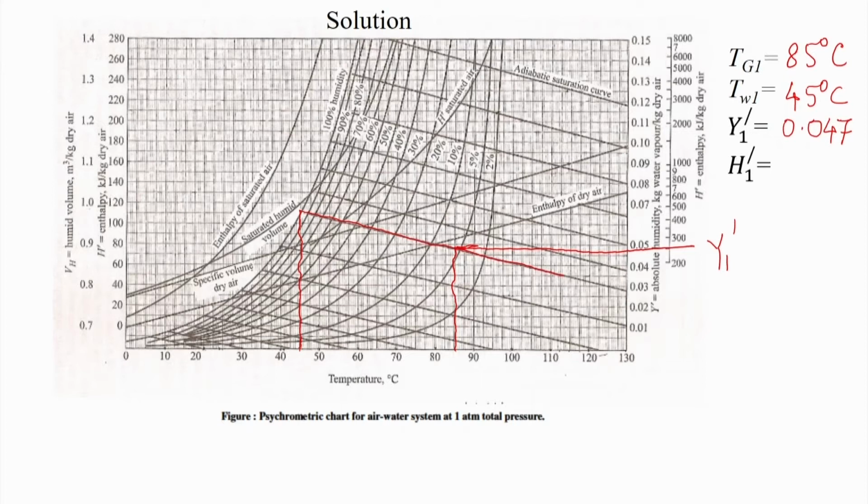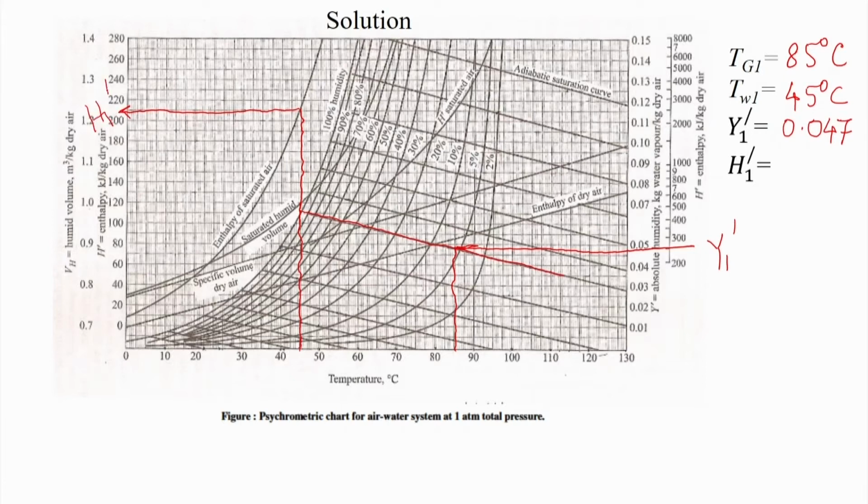If we move in the vertical direction along the wet bulb temperature until it reaches adiabatic saturation, from there we get the enthalpy of the air which is entering here, that is H1 prime.